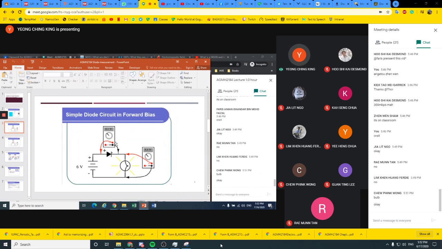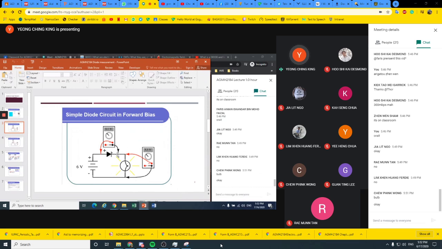And when you do the measurement using the multimeter here, you can see the voltage across the diode is 0.7 volt. This is the barrier potential of the diode.